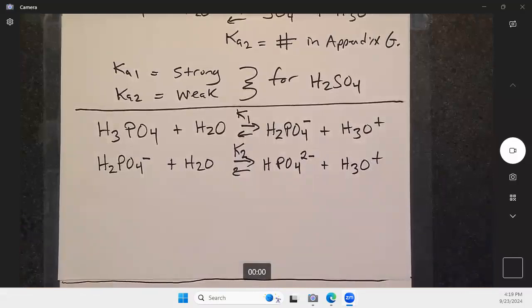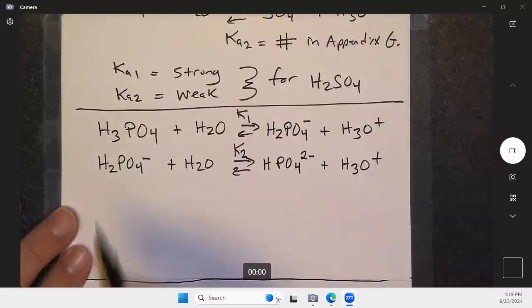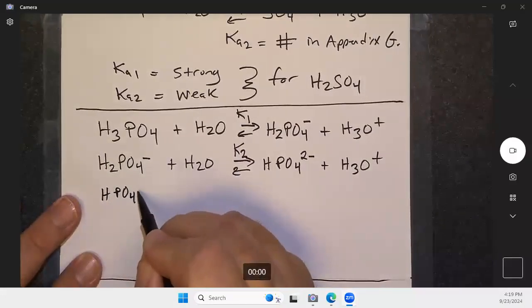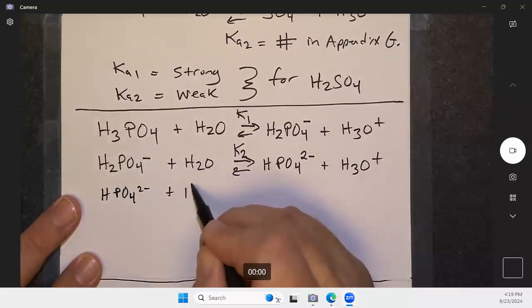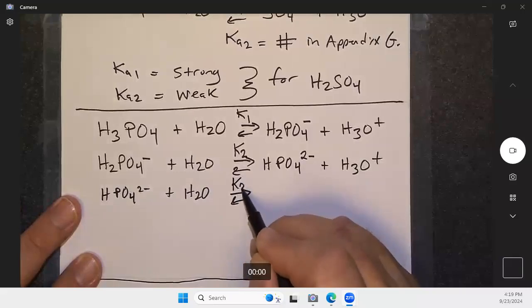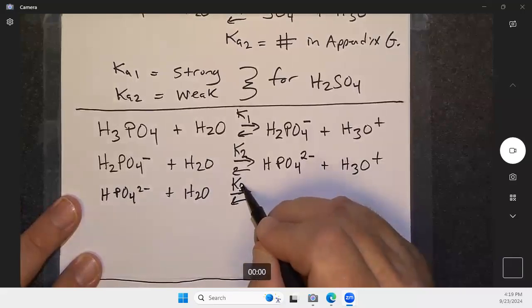But now that hydrogen phosphate dibasic still has an acidic proton out front, so I can write it down here, and it can react with water through its K3 equilibrium.